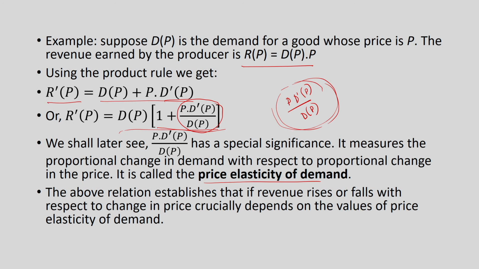So, that will mean that if price rises, then the revenue will fall, or if price falls, then the revenue will rise. So, whether the revenue rises or falls with respect to price, it crucially depends on this expression, the price elasticity of demand.